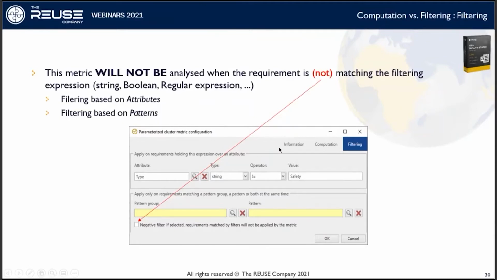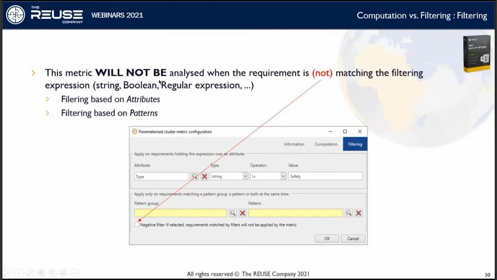It's also very important to identify the metric, but it doesn't have anything advanced. Let's say it's just the name and the description of the metric, but then you have these 2 tabs in which you have to decide if you want to use computation or the filtering. So what is the difference? Computation, I will show you later, is a little bit more advanced than filtering.